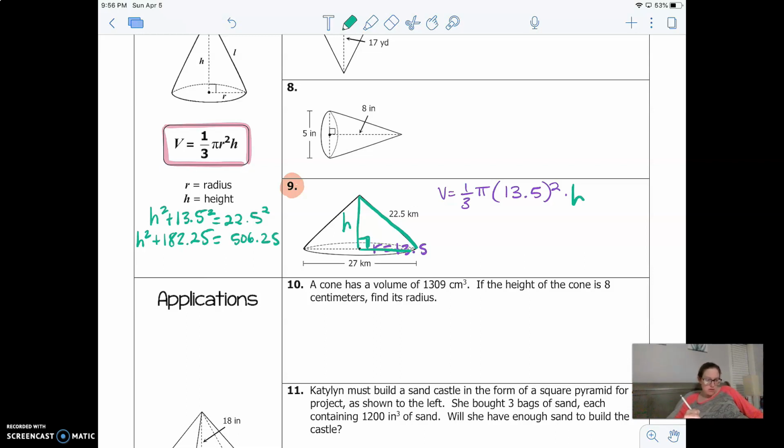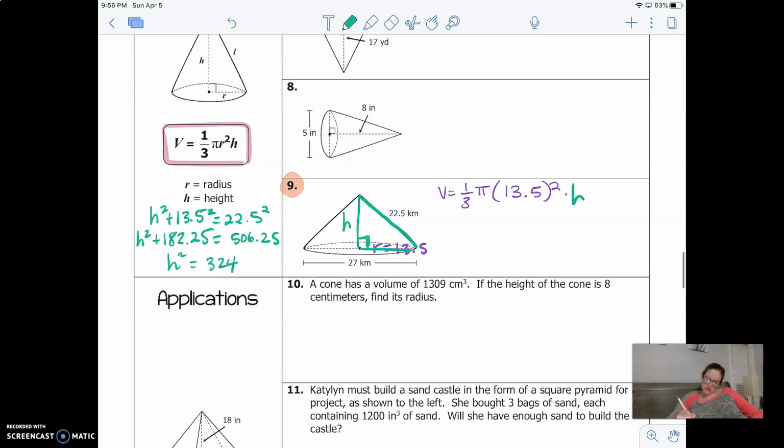Subtract, and actually this looks nice, 324. And we are going to square root that, which is 18. How nice. So the height is 18. Looky there. So let me just plug that in right here. Okay. And then we solve.